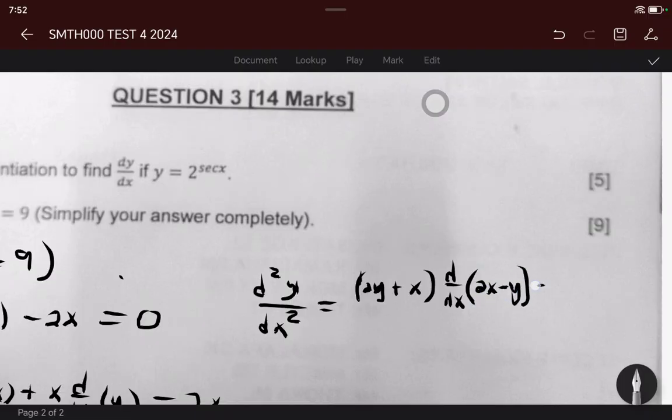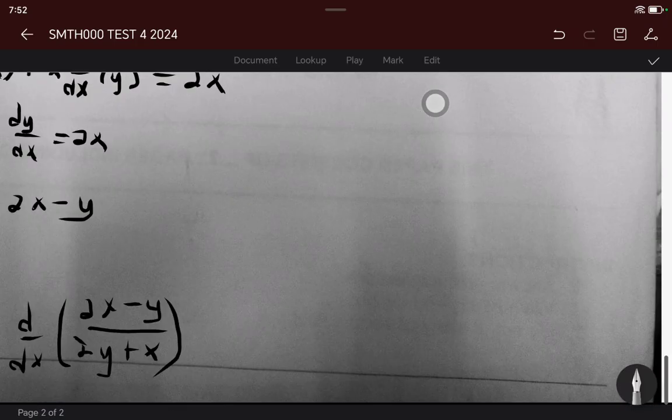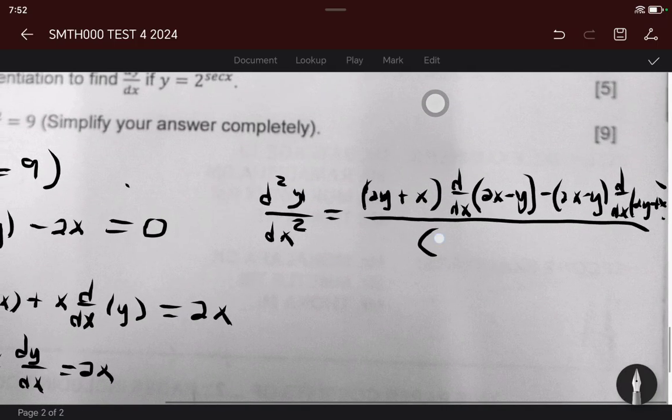Then I subtract, now I do the opposite. I keep the numerator and derive the denominator, which is 2y plus x. Like that. Then I divide by the denominator and then I square it.